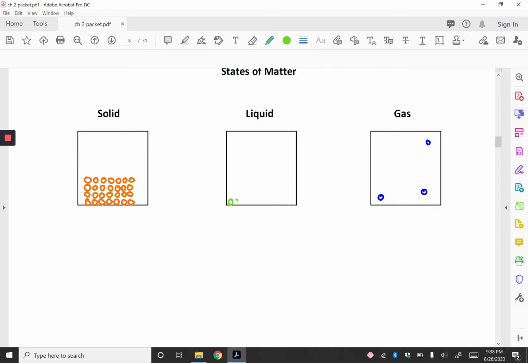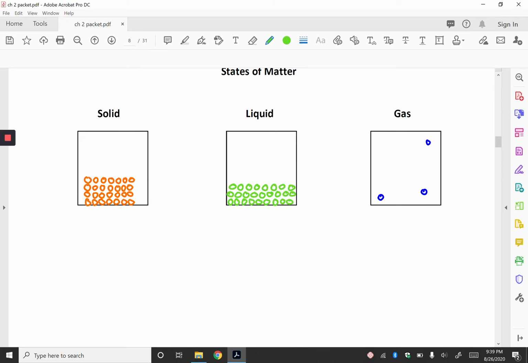So I'm going to try to draw these as best as I can. So I'm going to draw them pretty much the same spacing between them as the solids, but just more random, like that.